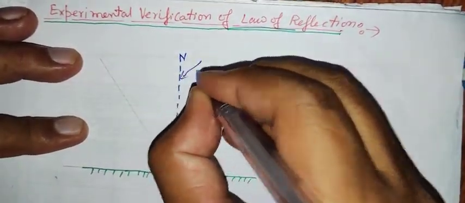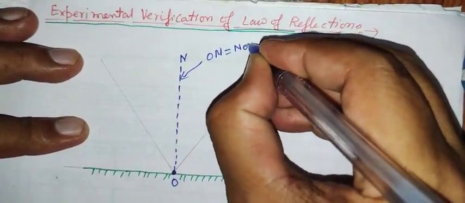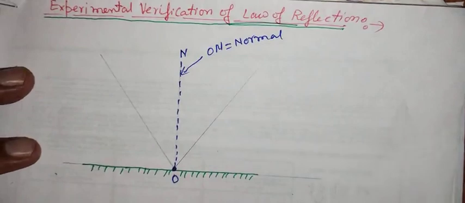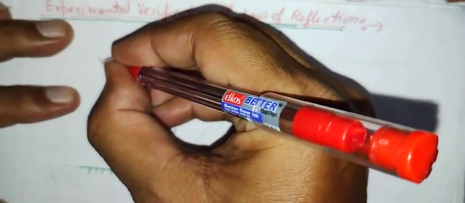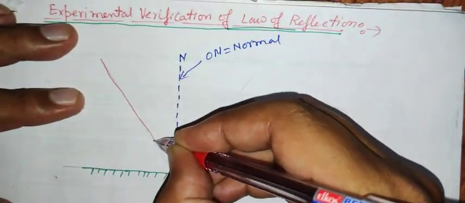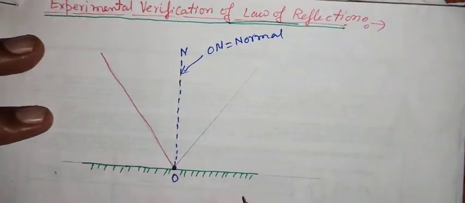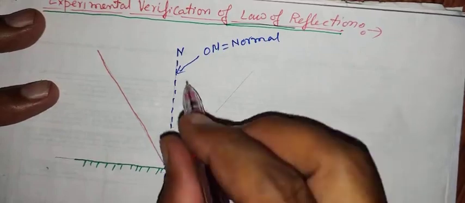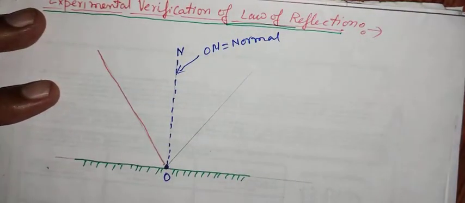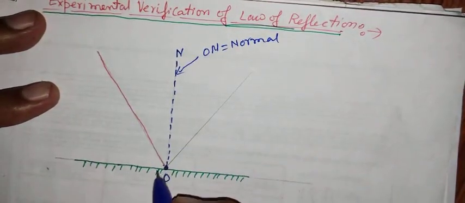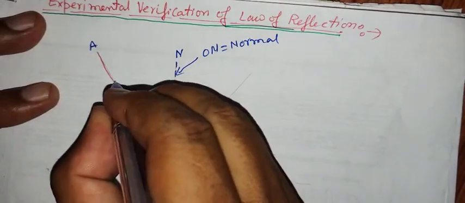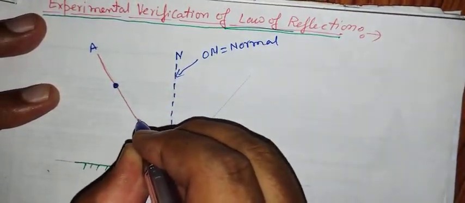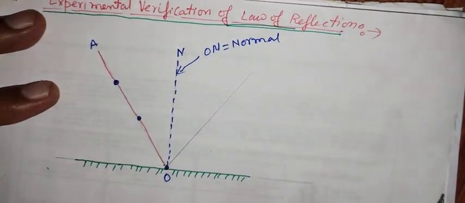ON is the normal. In this experiment, draw a line with a certain angle from the normal, the line AO. Take two optical pins and fix them vertically at two points on this line.